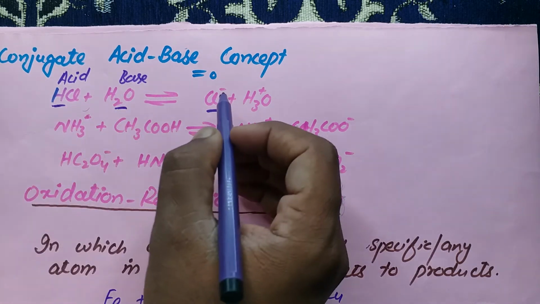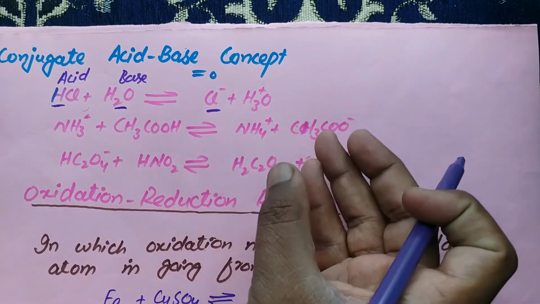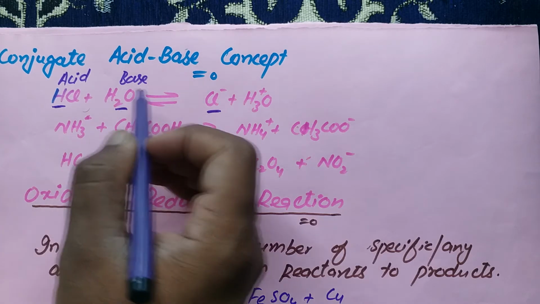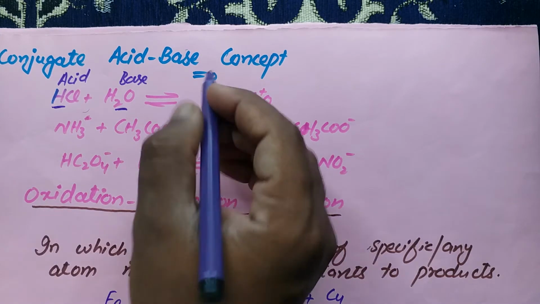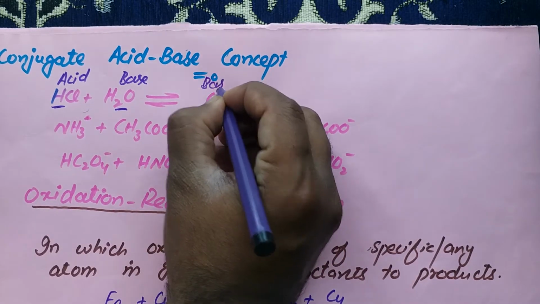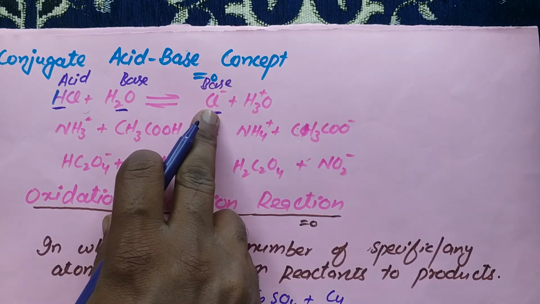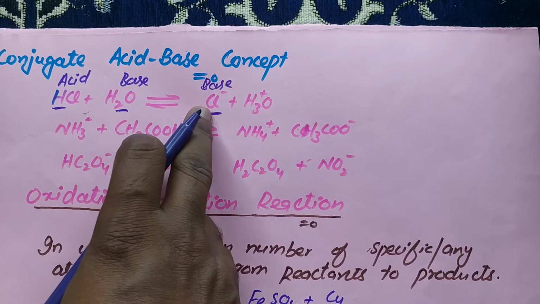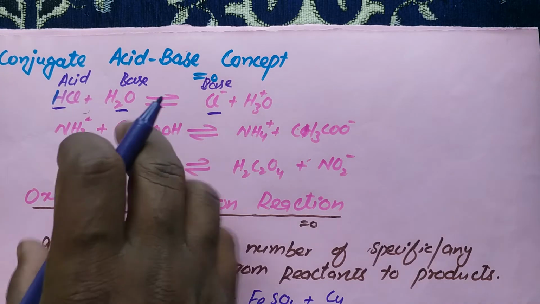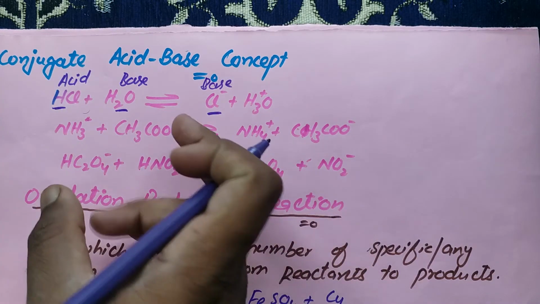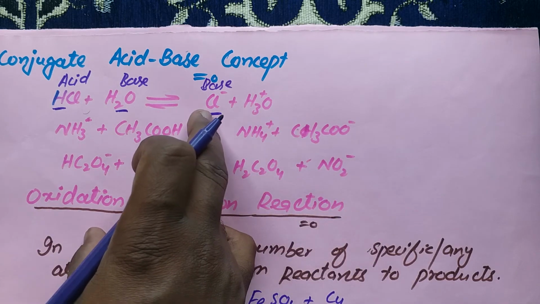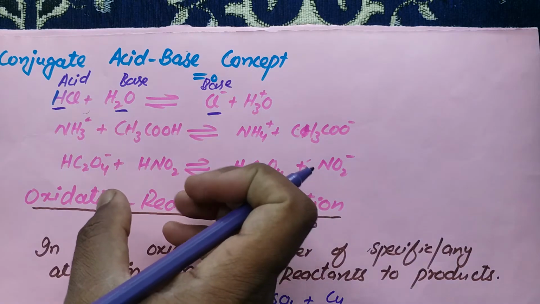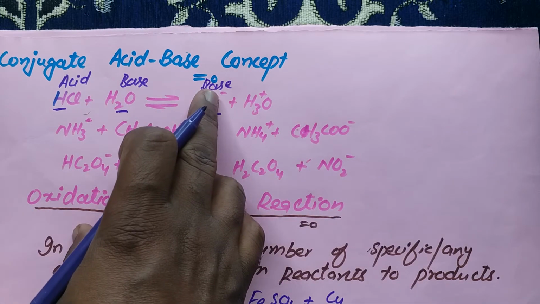Then what are conjugate acid and base? The acid gives proton and converts into base. Why is it called base? Simple. Cl negative ion is able to accept a proton, not give a proton, because it doesn't have any proton to give, so it will accept a proton and act as a base.